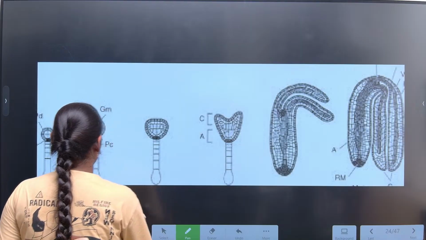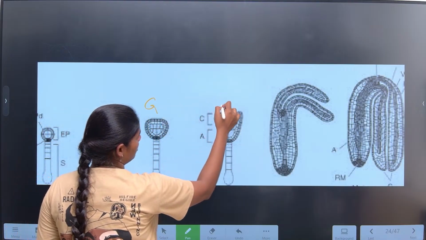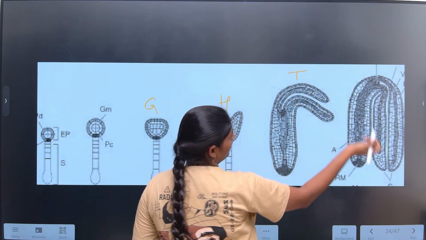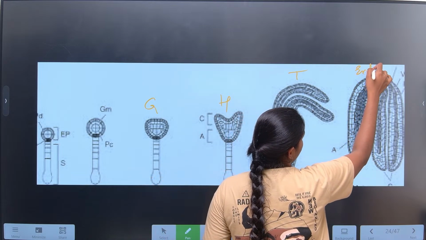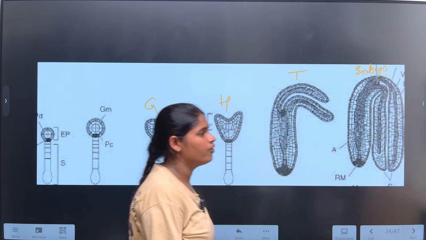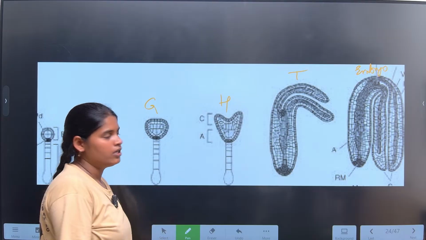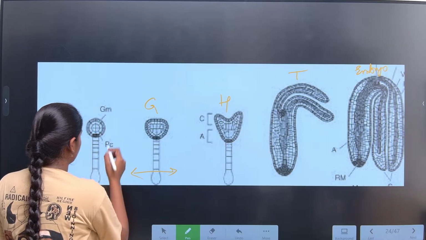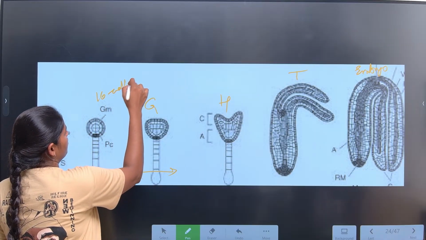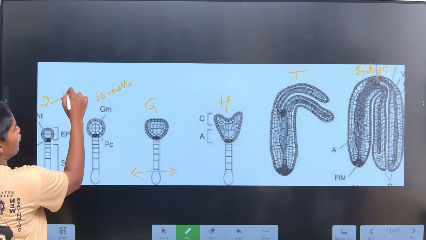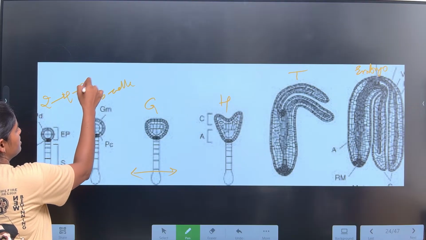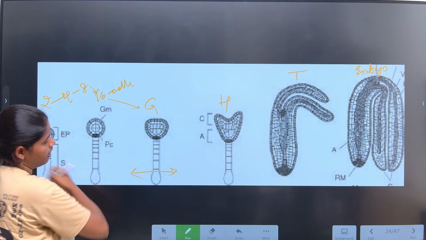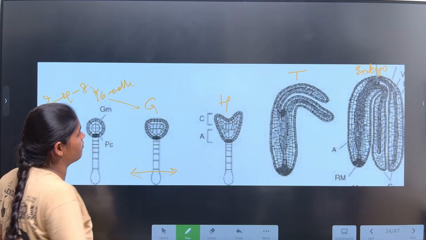In between, we have stages like globular, heart shape, torpedo. If we see the globular one, from here till here we have two-celled, four-celled, eight-celled, then 16-celled, then we will get a globular, which is a very early stage of development.